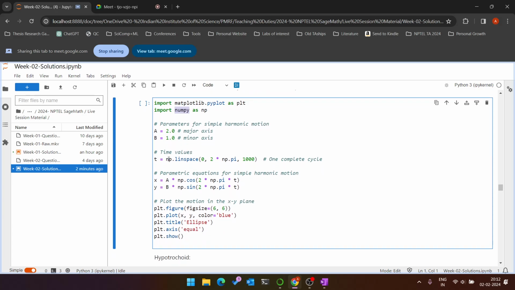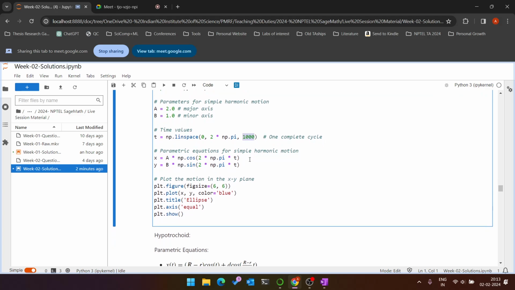Then I'm taking t to vary from 0 to 2 pi, which is the overall angle covered by one complete circle, and splitting that into 1,000 points. And we are writing our parametric equation as a cos t and b sin t.